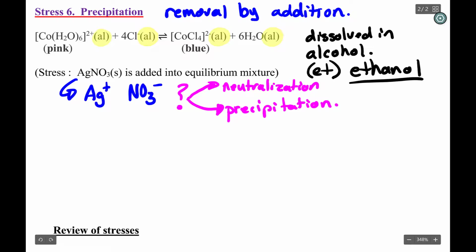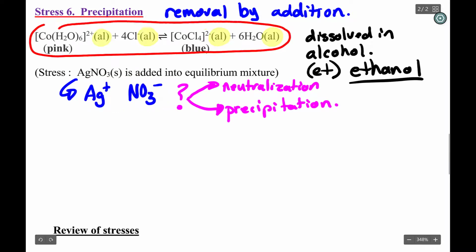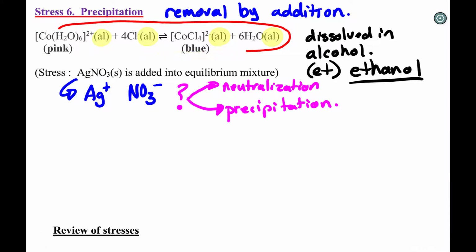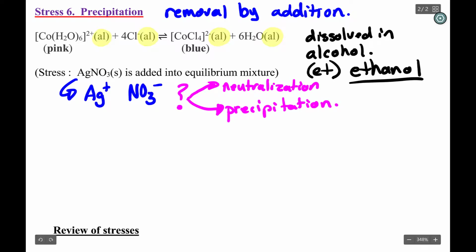So let's look at AgNO3. Is this an acid or a base? No. Is anything up here, based on the knowledge we currently have, acidic or basic? Currently, based on our knowledge, none of that stuff is acid or base. So this can't be a neutralization.